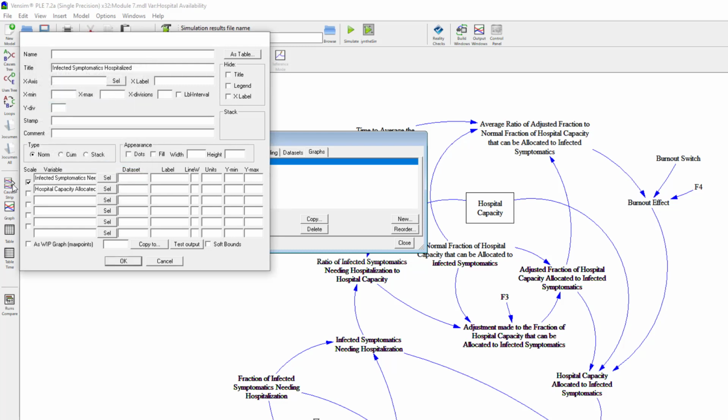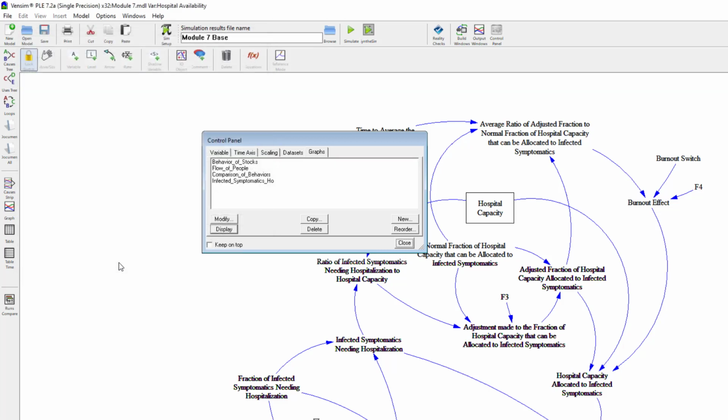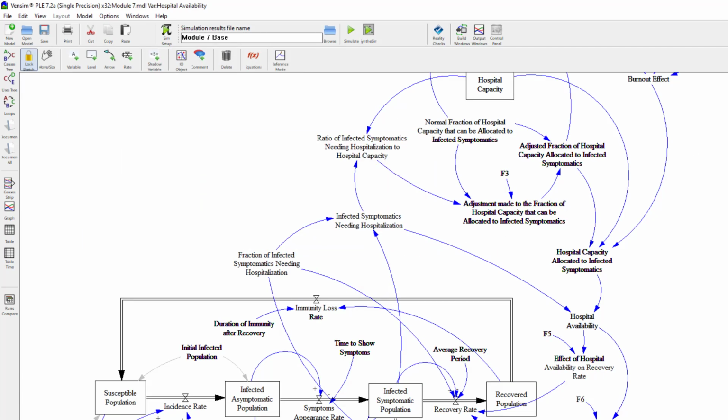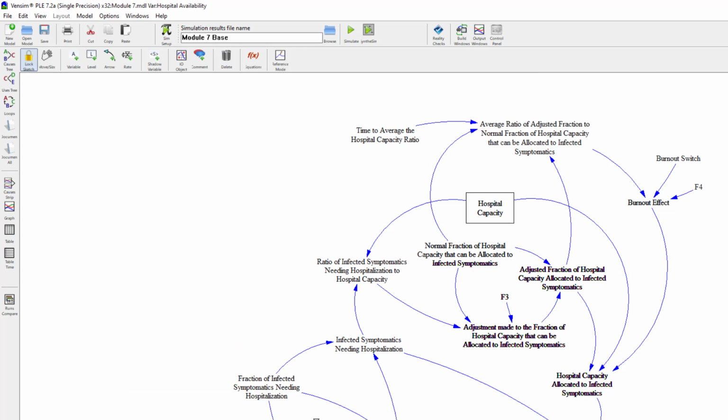I'm gonna lock their scale. Okay, let's see. Display. So this is what's going on. So there are this many people that needed hospitalization, but they couldn't, due to lack of availability. So, you know, that's the model that we built here. You can play with it. You can try out a lot of different scenarios.